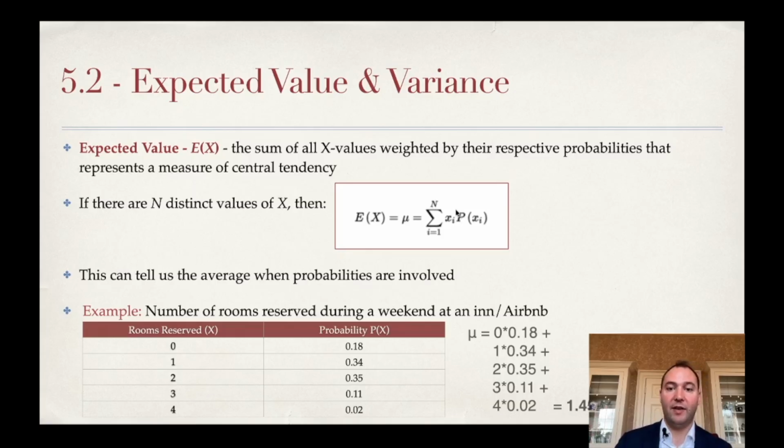So we have x_i times the probability of x_i, the sum over the entire sample. What does this mean? It means each value is multiplied by the respective probability of that value occurring, and then we add them all together, and we end up with our expected value. This can tell us the average when probabilities are involved.